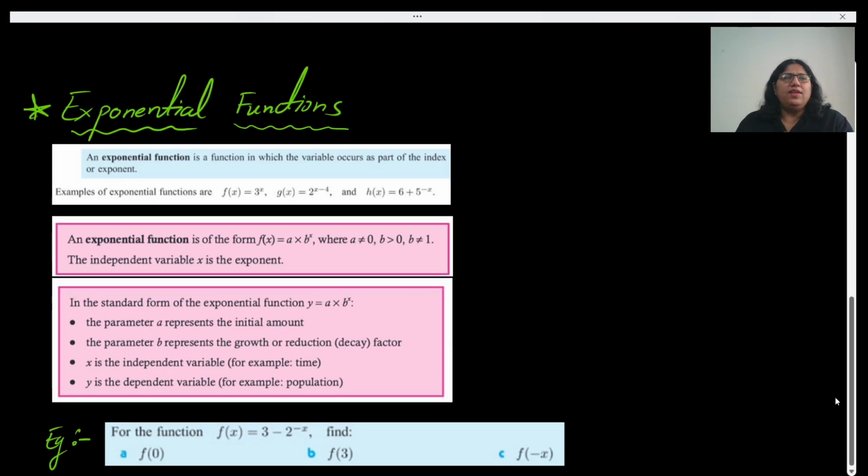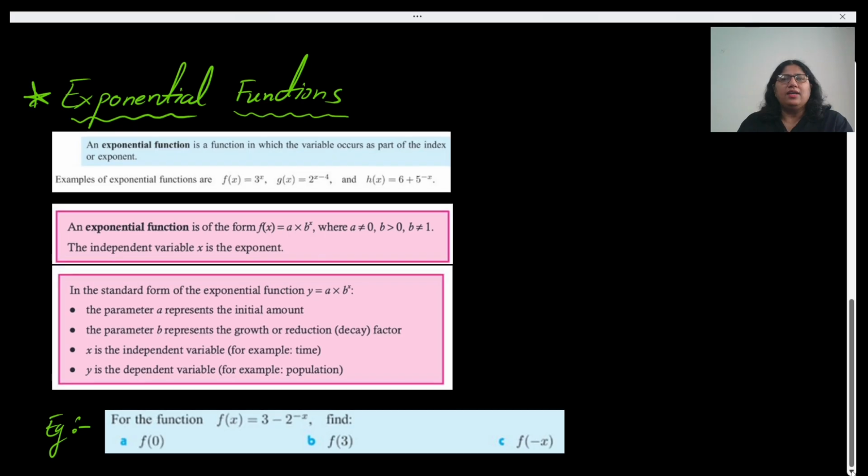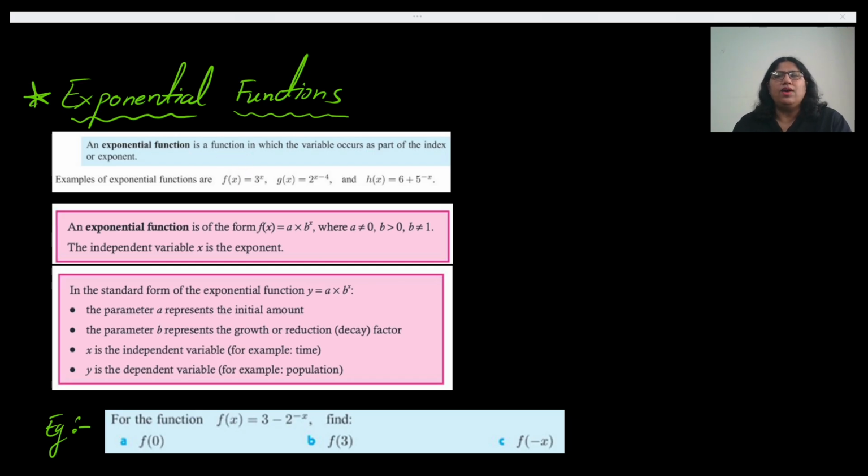So first, whenever we take any exponential function, it is a function relating two variables in which the variable occurs as part of the index or exponent. You can see some examples here. f(x) is 3 to the power x.